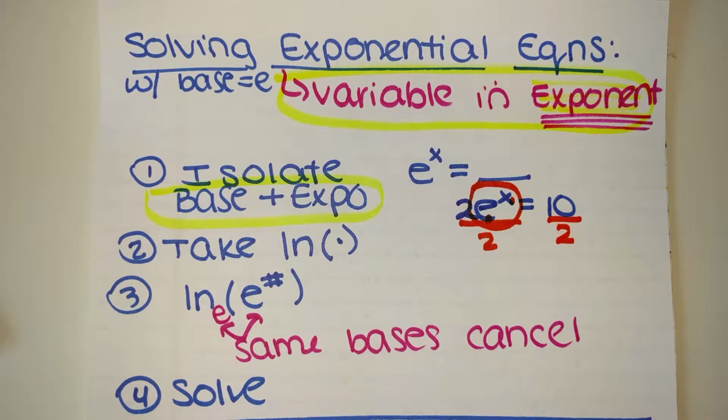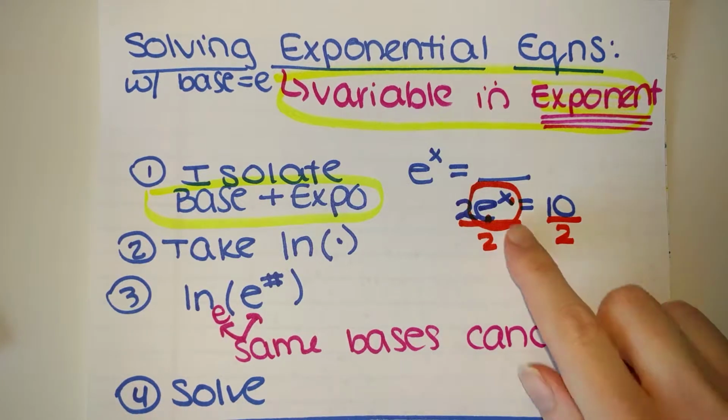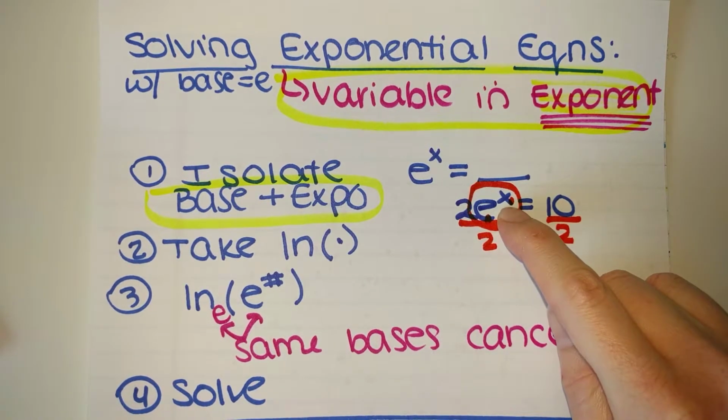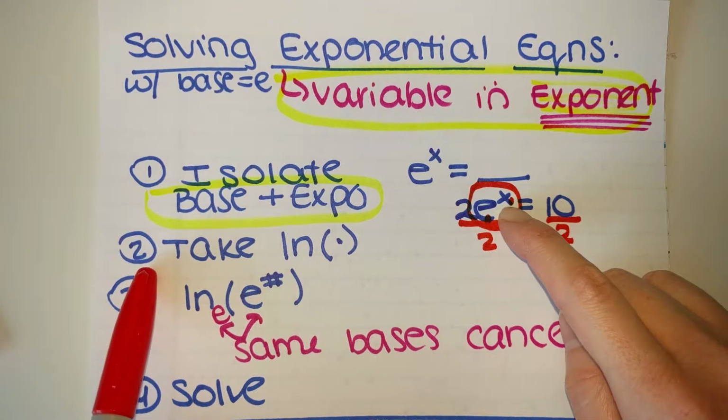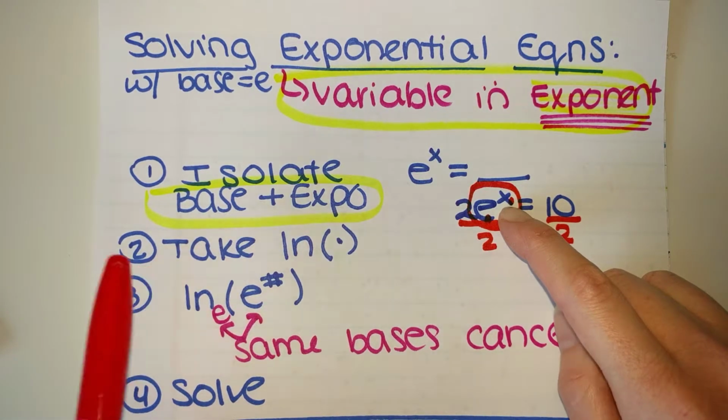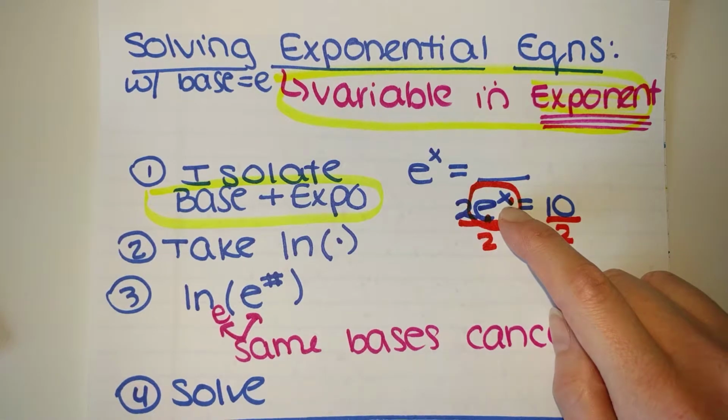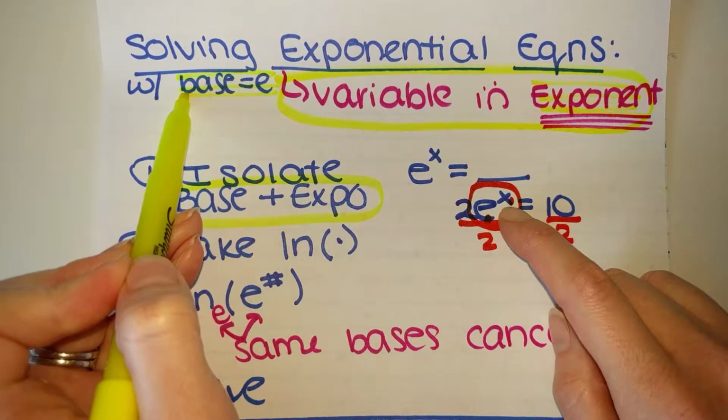Once your base and your exponent are isolated, you have to figure out some way to get that x out of the exponent. The way that we get the x out of the exponent is actually using our log properties. So we take the natural log of both sides, and in this particular class, we're just concerned with a base equal to e.